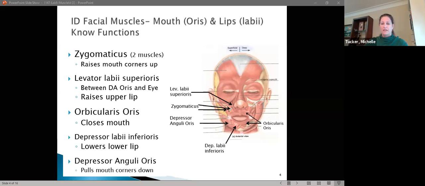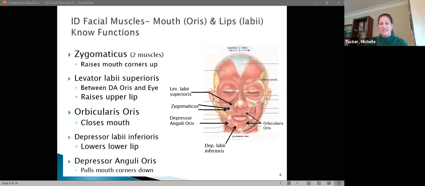When someone has a genuine smile, they're actually genuinely happy, then zygomaticus muscles will pull the mouth corners up. If someone's faking a smile, they'll actually use a different muscle and it ends up pulling the corners back. So it's kind of interesting that we use different muscles to have genuine smiles versus not genuine smiles.